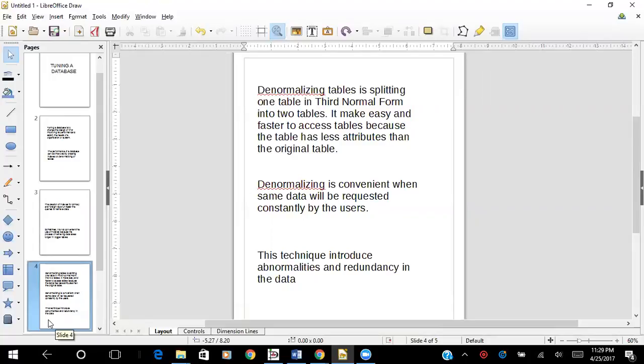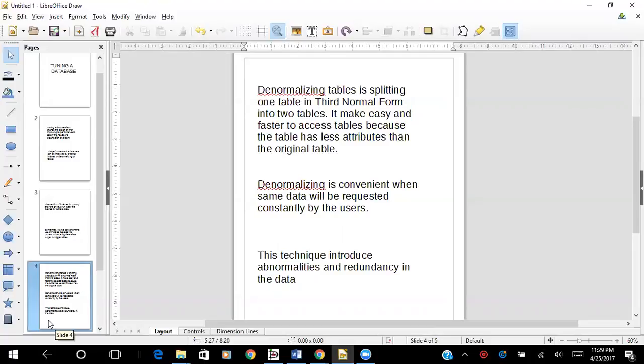It makes sense because they will look into smaller tables, and usually this technique is convenient when they use the same data constantly. So the users try to look into this data, and it's easy. They just have a table with the specific data.